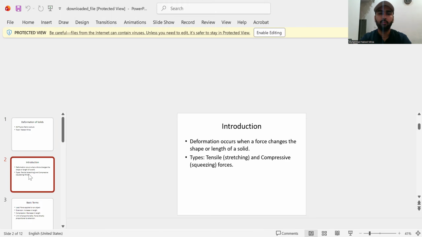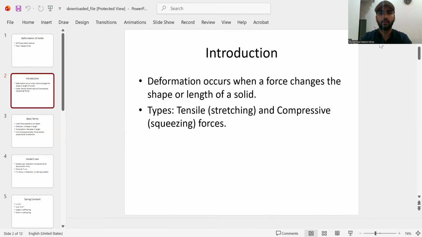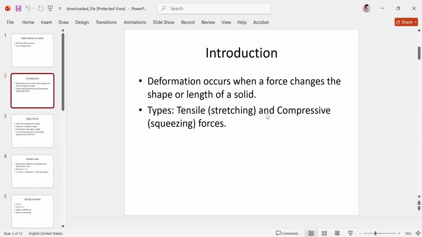In the deformation of solid, we see the definition of deformation. Deformation occurs when a force changes the shape or length of a solid. It means that any body on which we apply a force changes its shape.